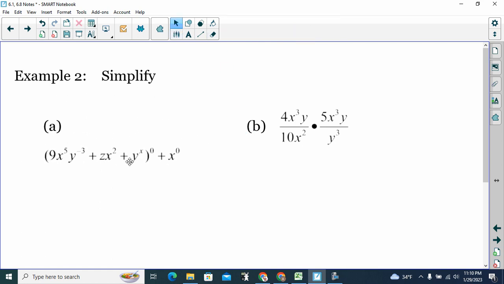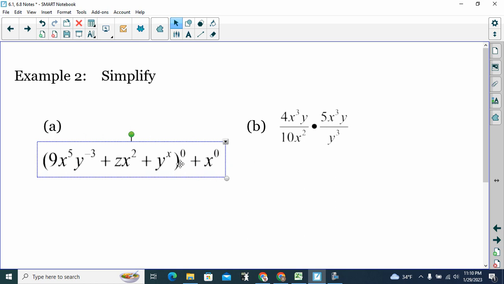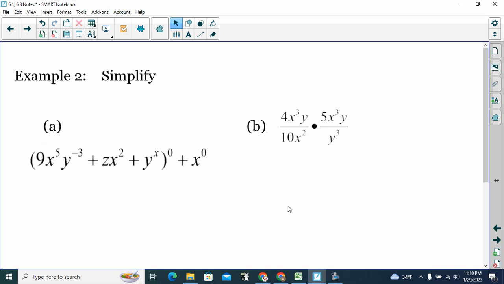Example 2, same directions. We're still using the properties of exponents. It asked me to simplify that big gross thing. Notice one thing I cannot do is I cannot distribute this to the 0.